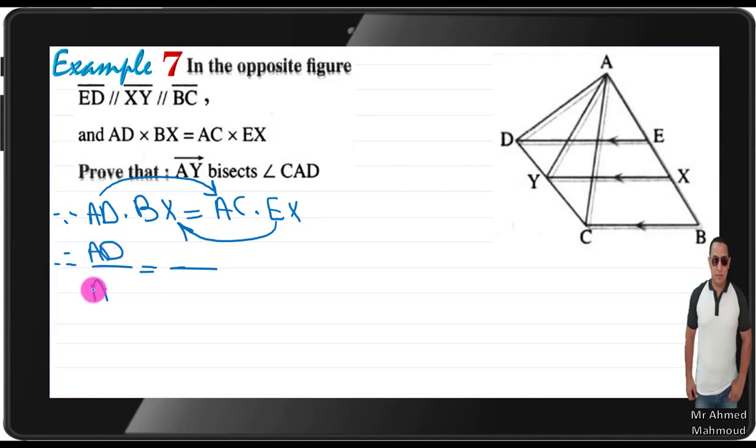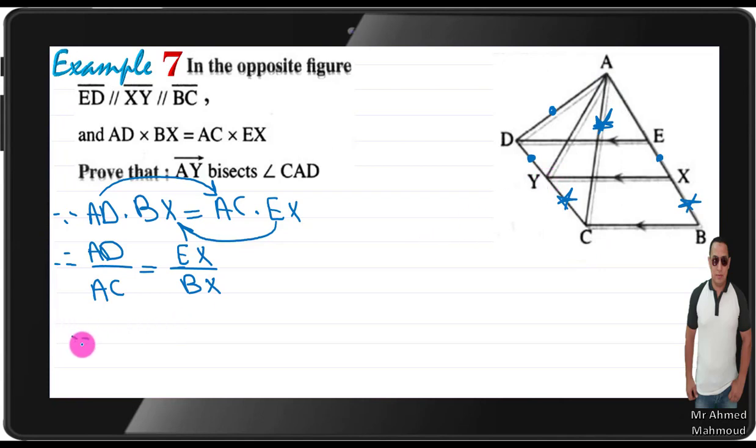Now AC corresponds to BX. But EX over XB equals DY over YC, because of the three parallel lines: EX corresponds to DY and XB corresponds to YC. So AD over AC equals DY over YC.